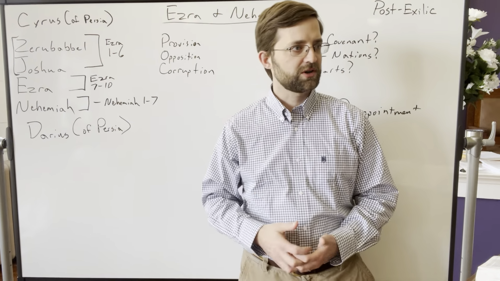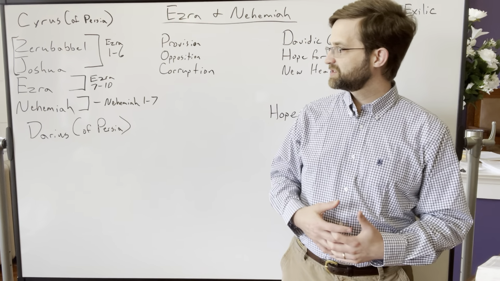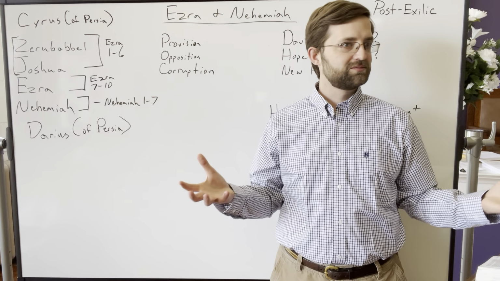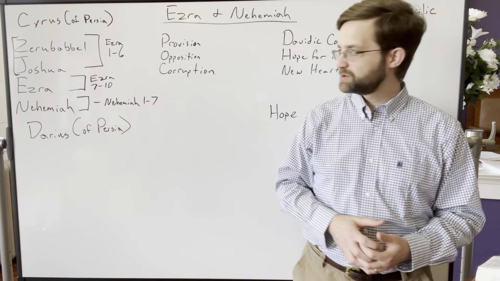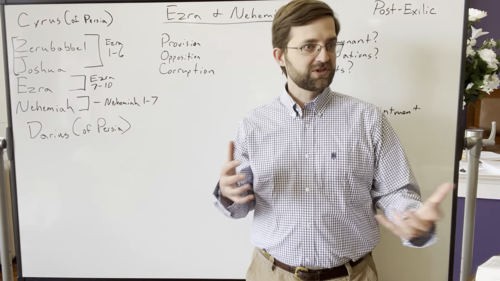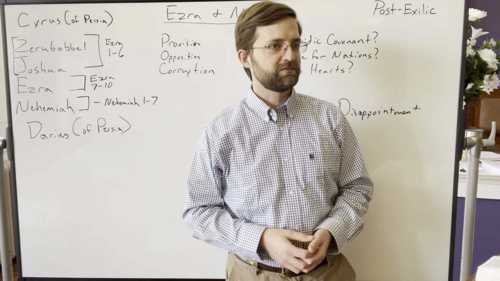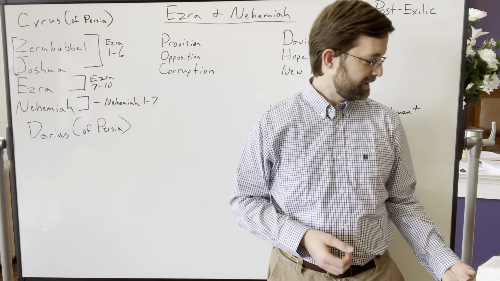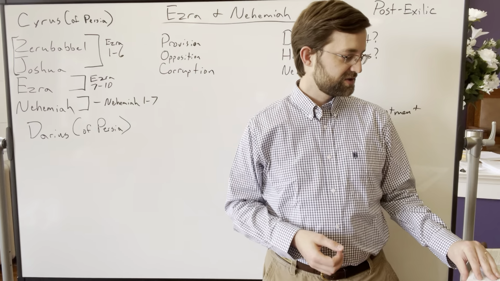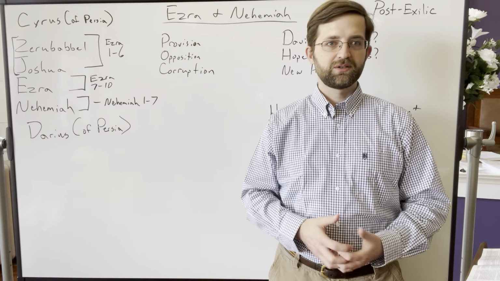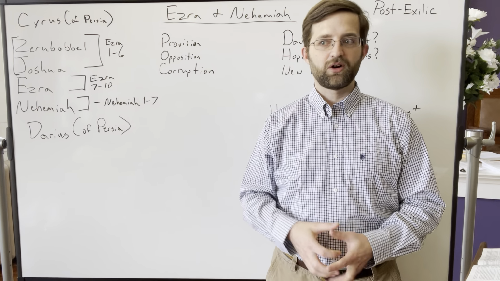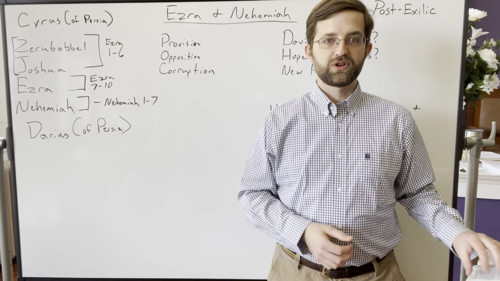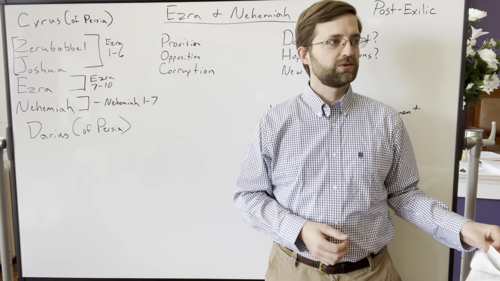He selects a number of people from Judah, and principal among them are Zerubbabel and Joshua, the descendant of King David and the descendant of the priests. They come back along with a number of others to begin the reconstruction of the temple, and everything necessary is provided. They can draw on the treasury of the kingdom of Persia to accomplish it.